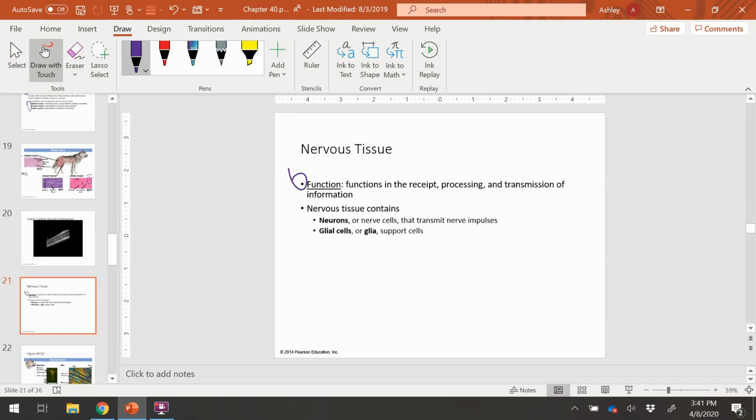Nervous tissue conducts some of those signals very quickly. Nervous tissue is made up of two main types of cells. There are actually many types of nervous tissue cells, but we'll look at this in the very last chapter, so we'll stick to a general, very broad idea here.